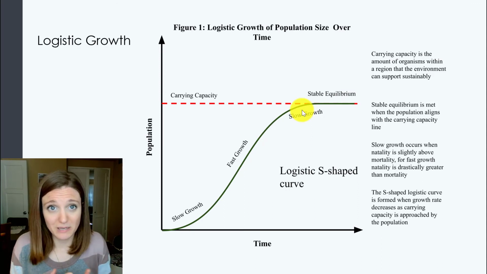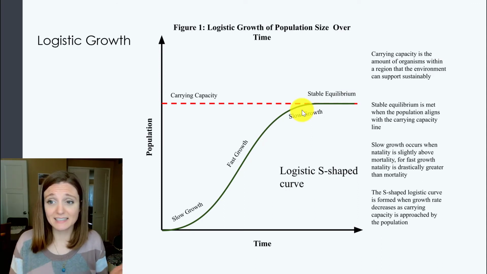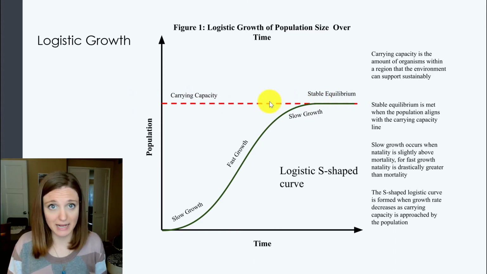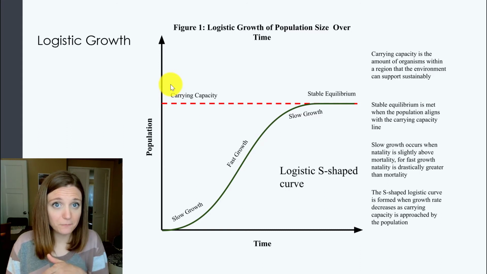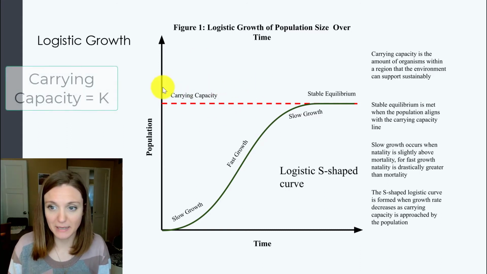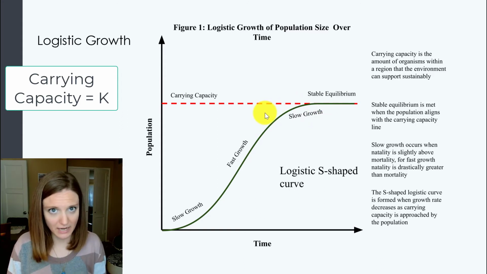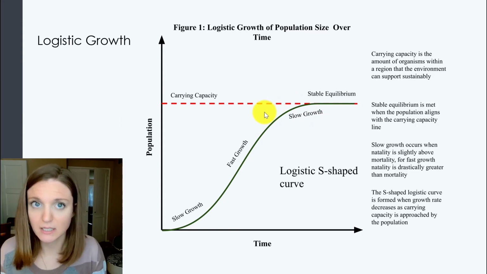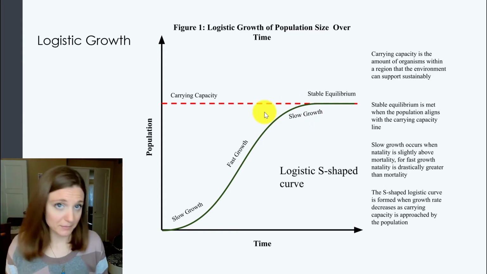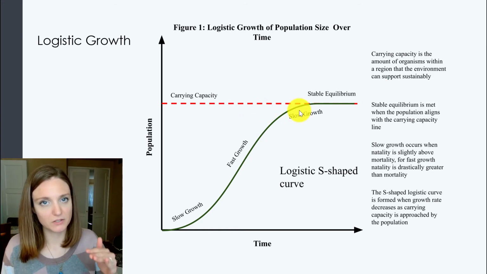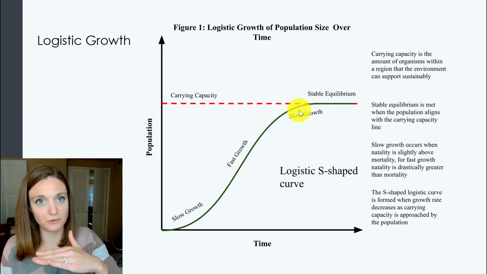This environment can only sustain so many individuals. The carrying capacity, which we usually denote with the letter K. So they start to compete for access to resources, usually food, habitat space, things like that, and that increase in competition starts to slow down the growth rate.